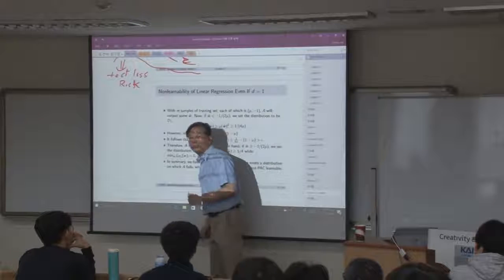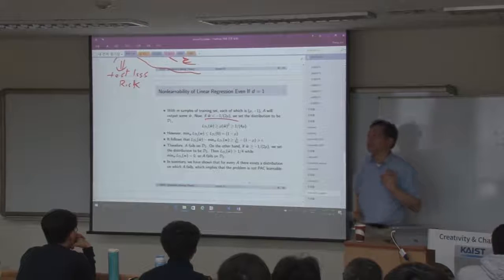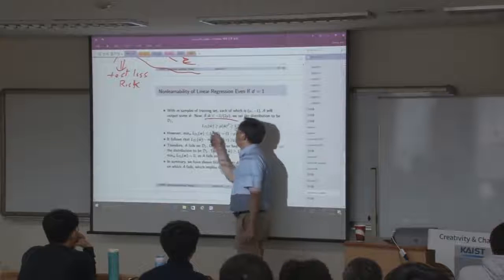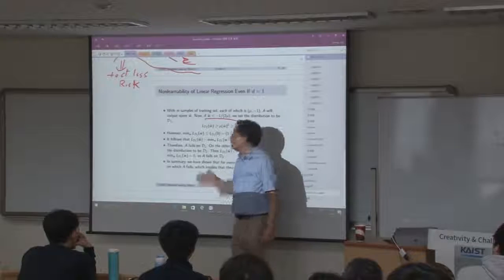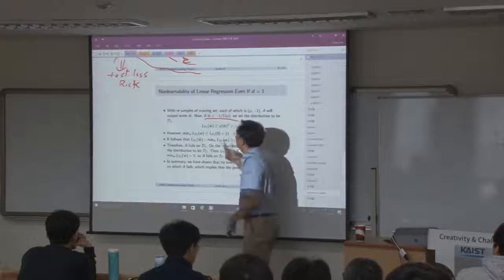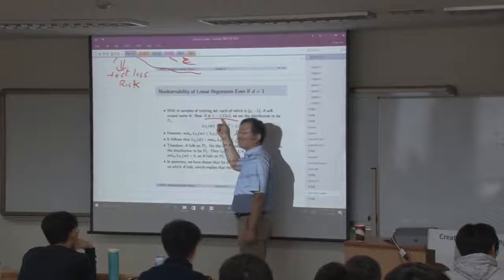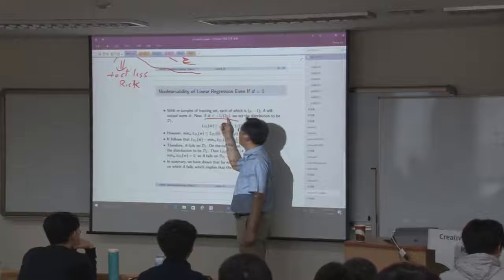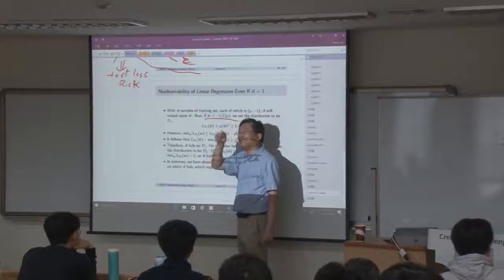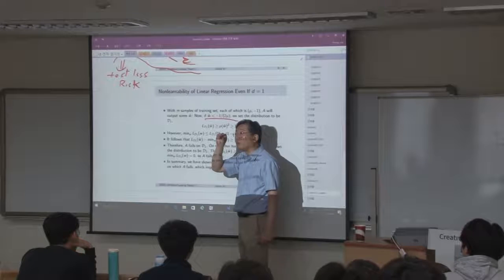Now, what the book shows is that when my algorithm A gives you some W hat, that is less than this value. Mu, I've already said, is log of 100 divided by 99, so it's close to 0.